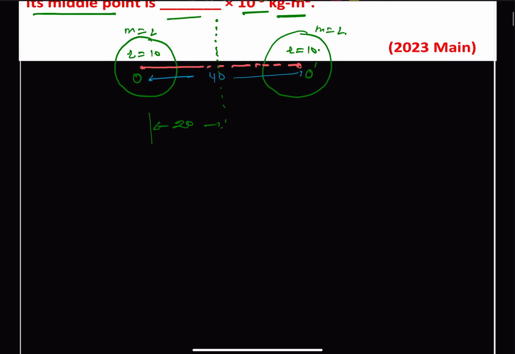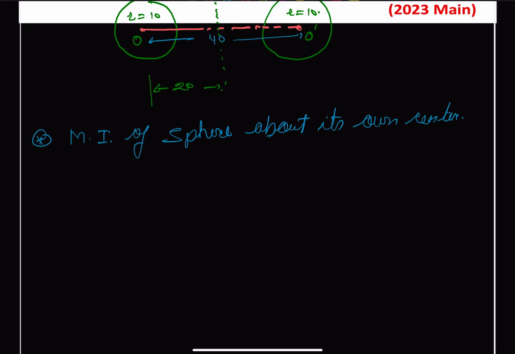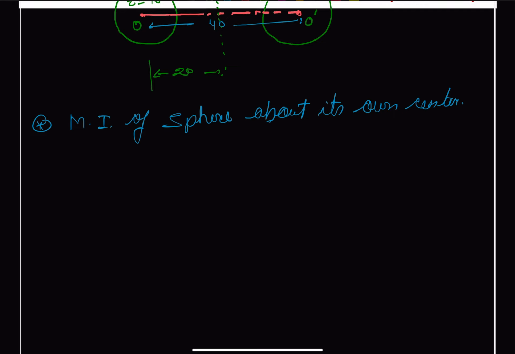So we can say the moment of inertia of the sphere about its own center, I sphere with respect to center, is our standard formula, which is 2 by 5 mr square.